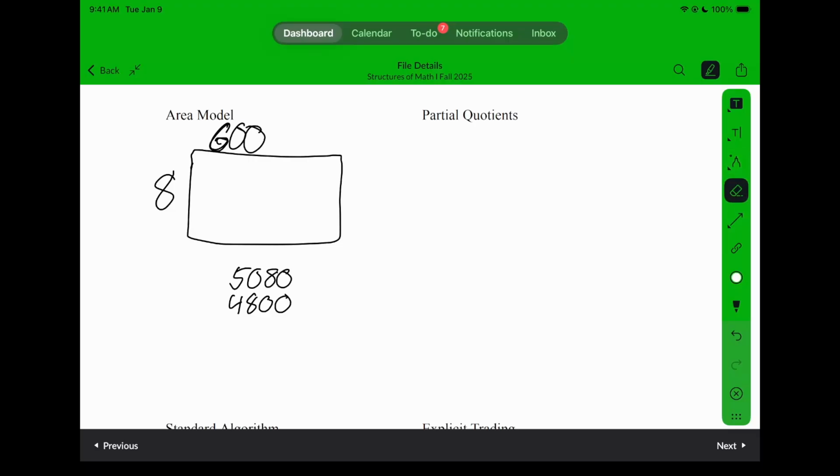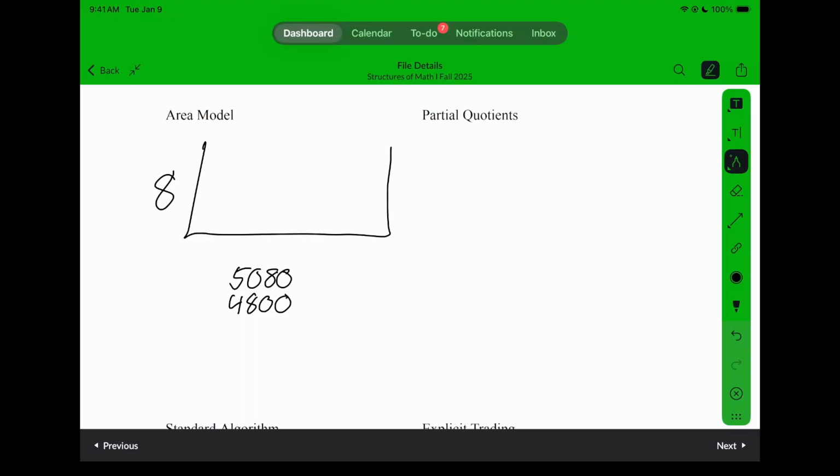So that's it. Area model, you're just essentially doing the division by place value, starting with the highest place value, then moving on. So this leaves us with 280.